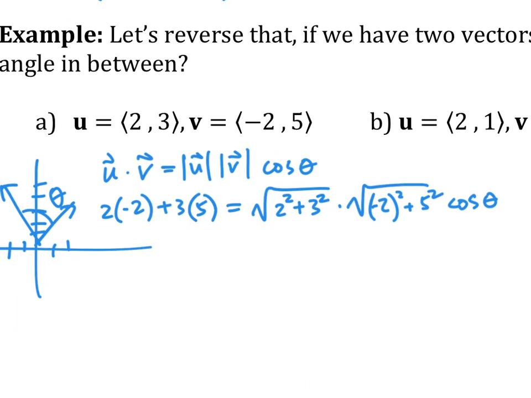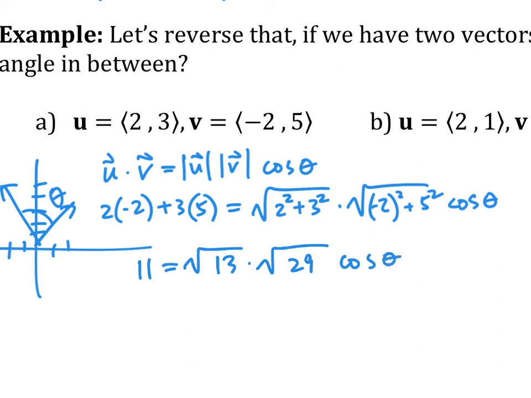and then cosine theta. All right, what I'm going to do is solve for theta. The math is a little bit long, but it's simple math. Okay, so 2 times -2 is -4 plus 3 times 5, that's 15. So -4 plus 15 is 11 equals the square root of 4 plus 9, which is 13, times the square root of 4 plus 25, so that is 29, cosine theta.